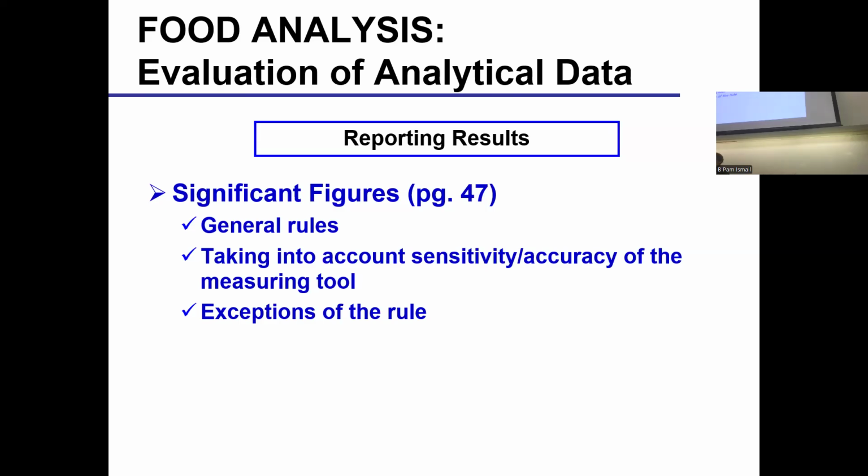So now why is this important, the decimal point, in analysis? Because you're going to use balances, and you're going to use pipettes, volumetric pipettes, volumetric flasks, dilutions. You're going to use different tools and they have different accuracy.